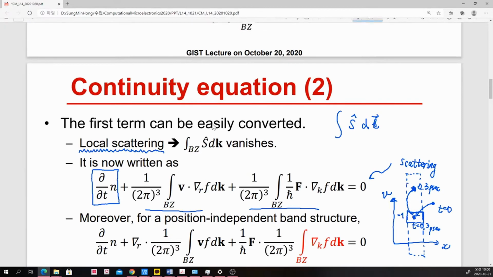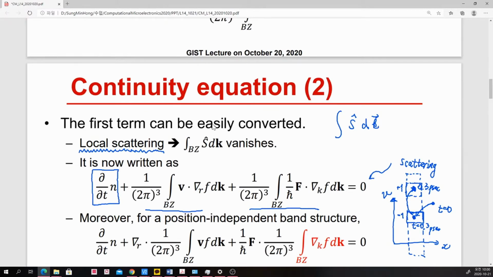However, at the new destination, we will have net incoming electrons, so we will have a count of +1. So this -1 and +1 are exactly balanced.